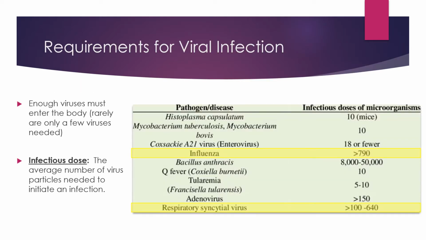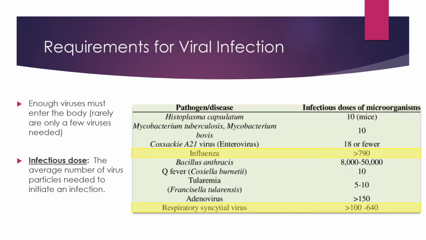There are a number of conditions that have to be met in order for a virus to initiate an infection. First and foremost, a potential host must come in contact with enough viruses for them to cause an infection. Labs describe the average number of particles necessary to initiate an infection as the infectious dose. This number varies with the virus.